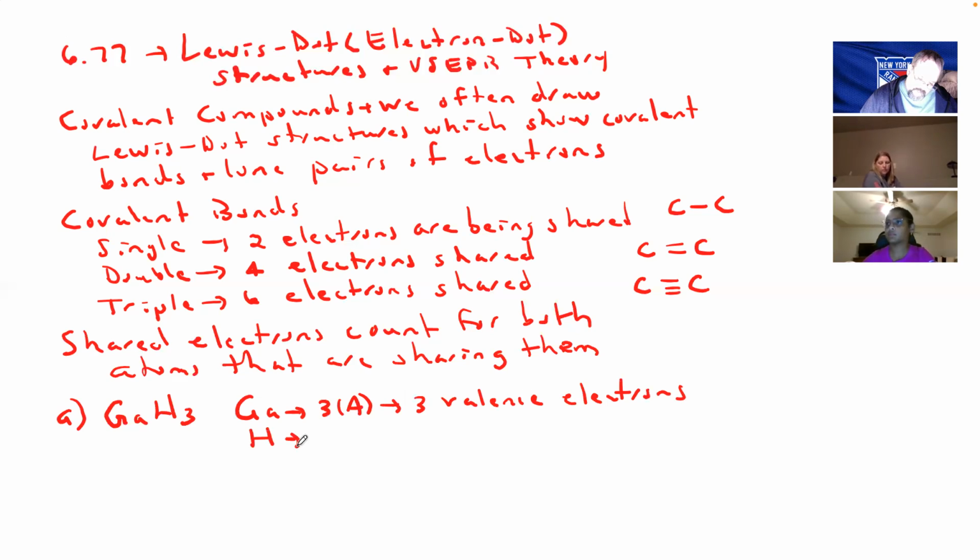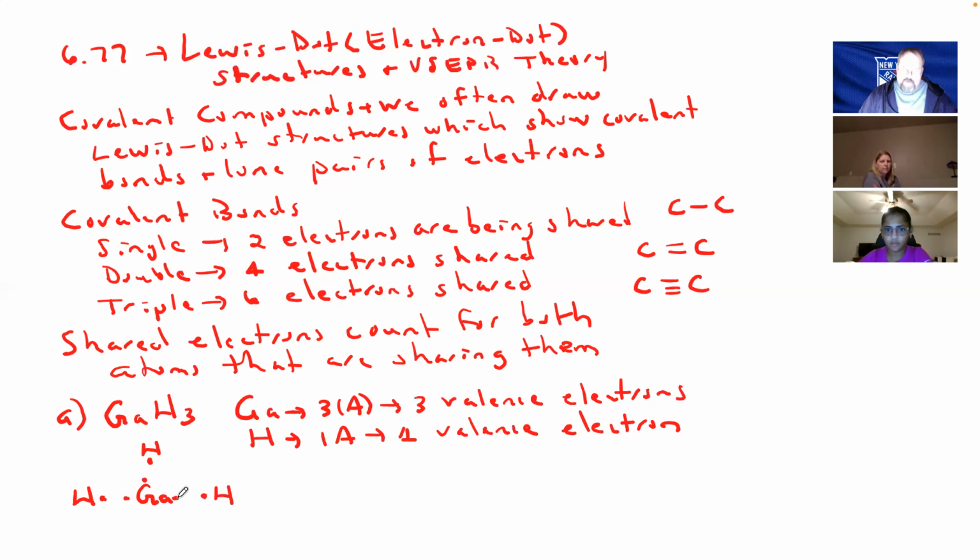Hydrogen is in group 1A, and therefore it has 1 valence electron. So you have each of the hydrogens with their 1 electron, and then you have the gallium with its 3 valence electrons.